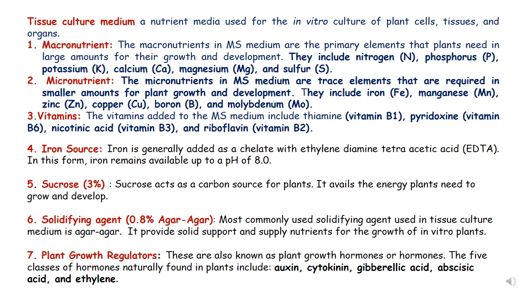So the source of vitamins are added in any medium, and these vitamins include vitamin B1, pyridoxine, that is vitamin B6, nicotinic acid, riboflavin, etc. The fourth component is an iron source, which is generally given in the form of iron EDTA, and in this iron remains available up to a pH of 8.